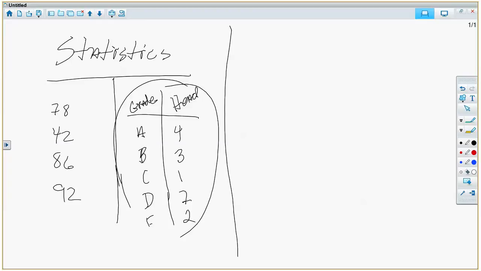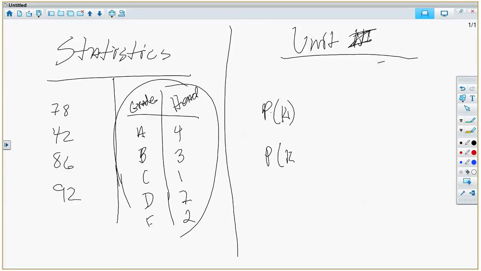All right, in Unit 2, well, this is Unit 3, but in Unit 2, we talked about probability of picking a king. And then we talked about the probability of picking a king or a queen, which is what? What's the or? The additive law.